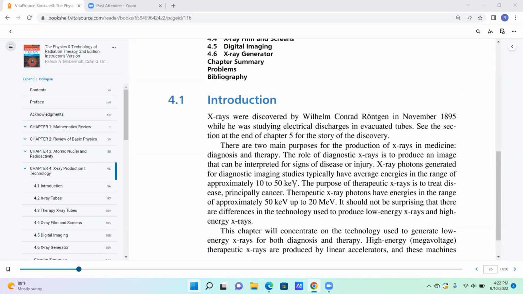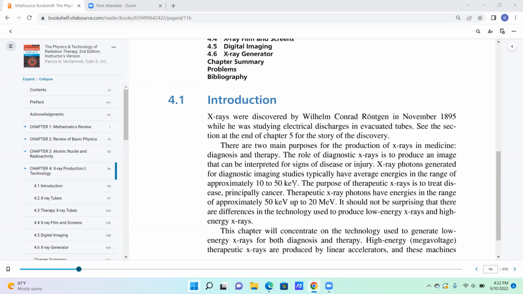The therapy we will leave for other chapters, but X-ray photons generated for diagnostic imaging studies typically have energies in the range of 10 to 50 keV. Therapeutic X-ray photons have energies in the range of 50 keV up to 20 MeV.